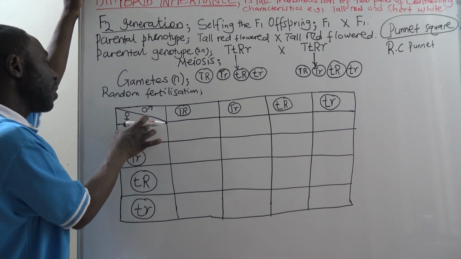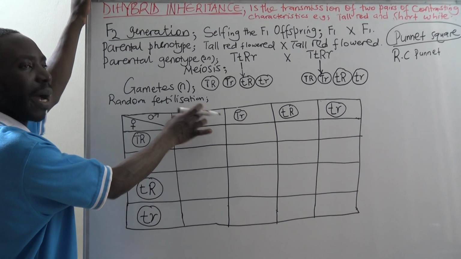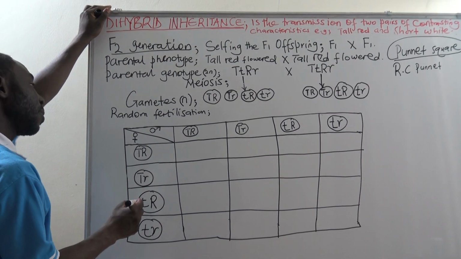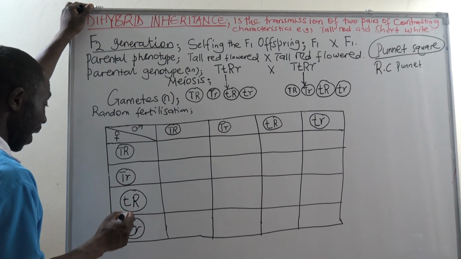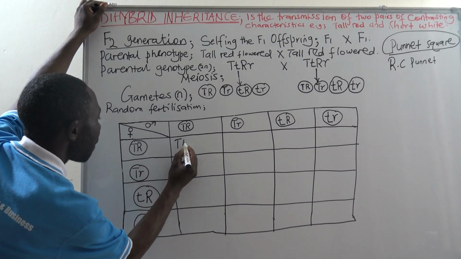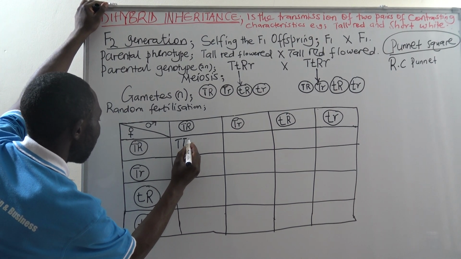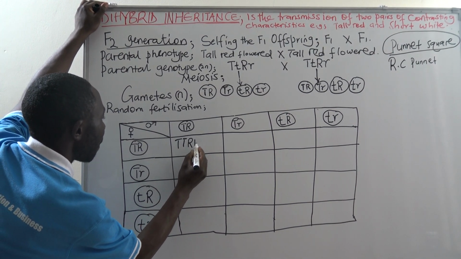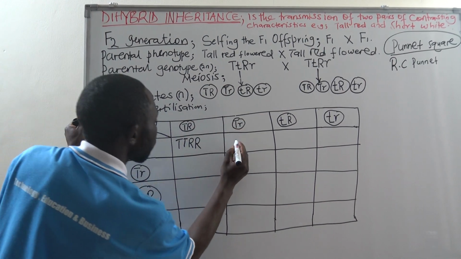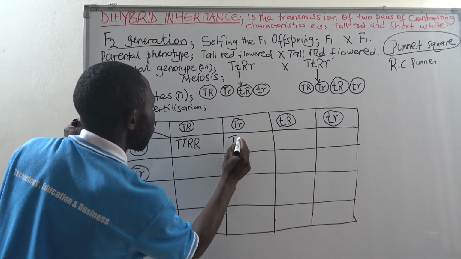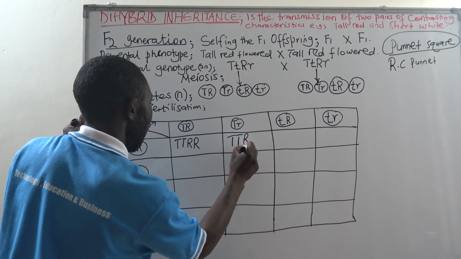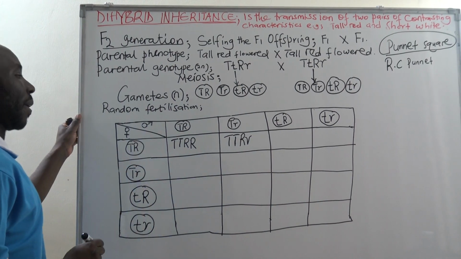Now, when this gamete fuses with this one here, what will happen? We shall form an offspring with the genotype capital T, then capital R, capital R. This one here will be capital T, capital T, then capital R and small r.